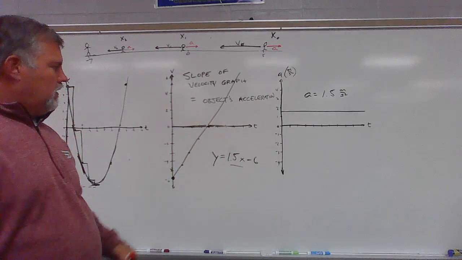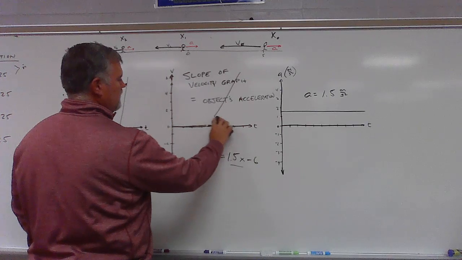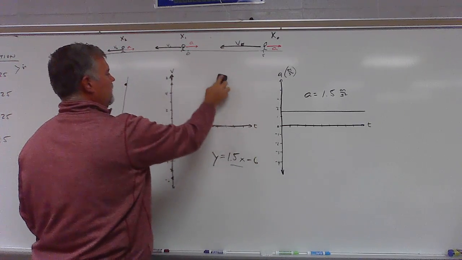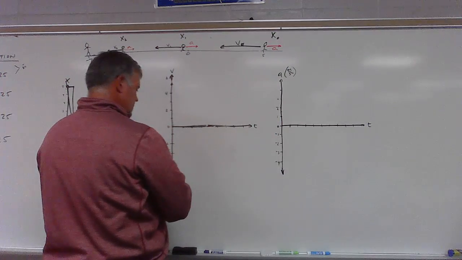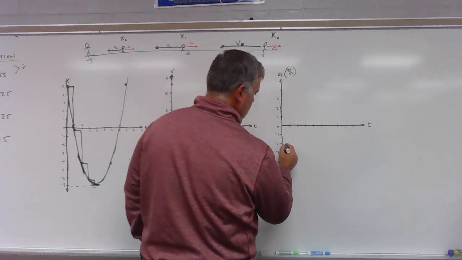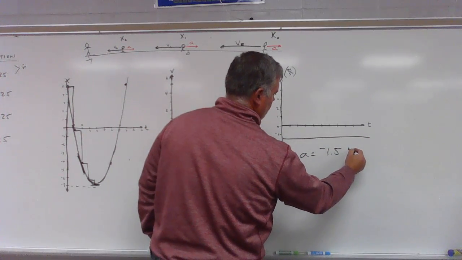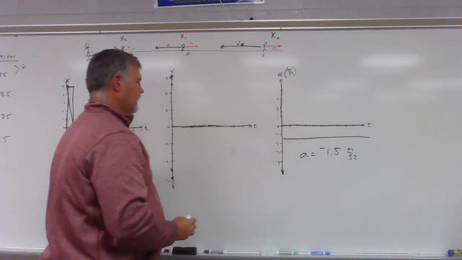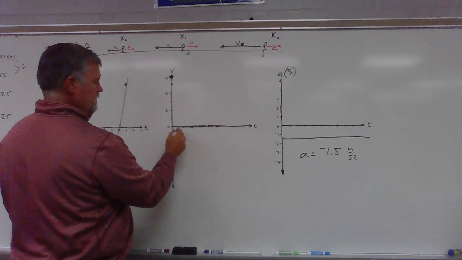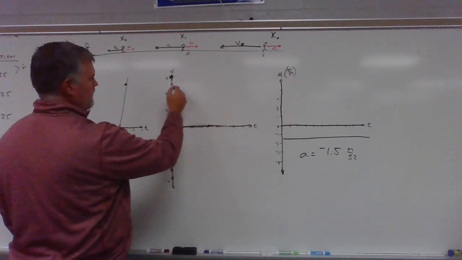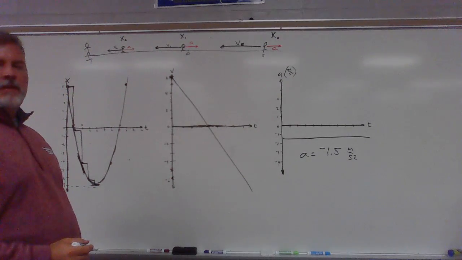We could also look at this in the opposite way. Let's say the acceleration that we wanted to look at was negative 1.5. So if we started with a positive velocity, if we started up here, we get a graph that looks like that.